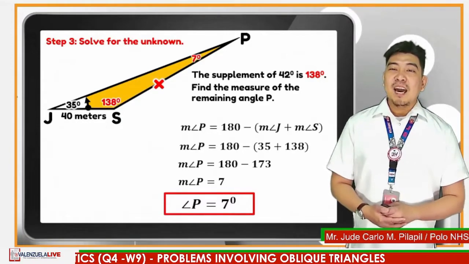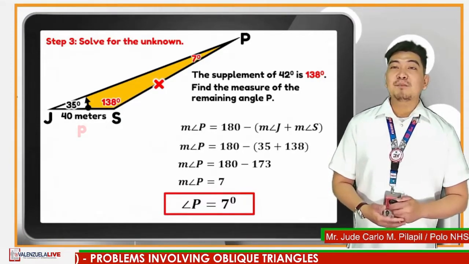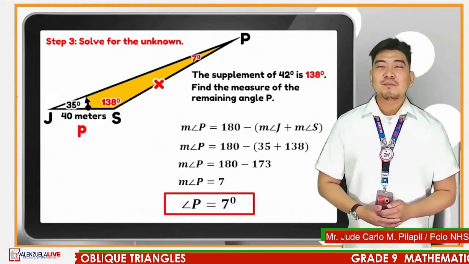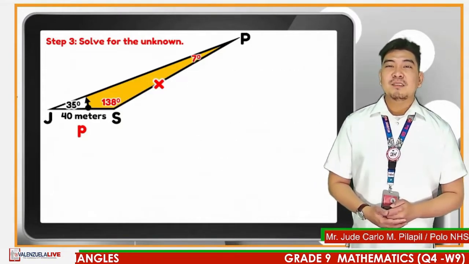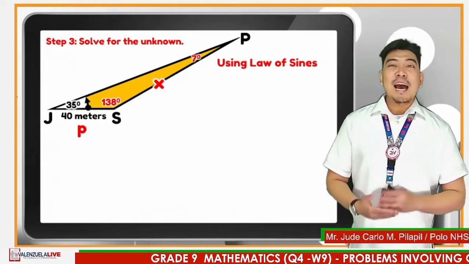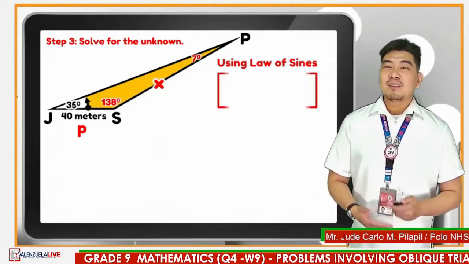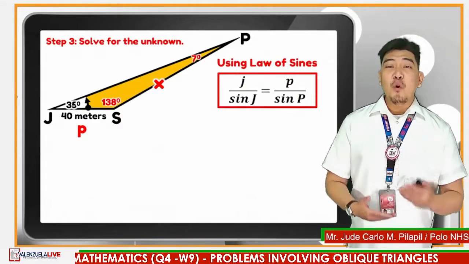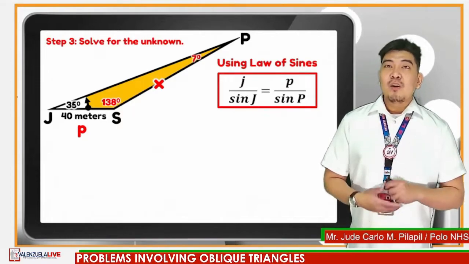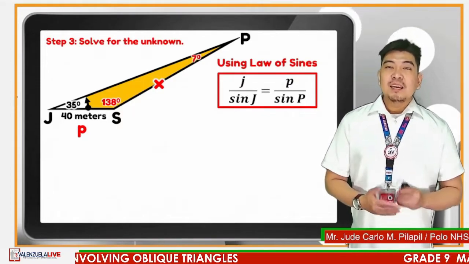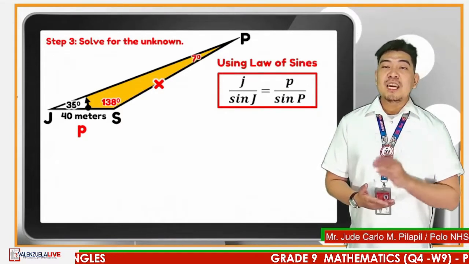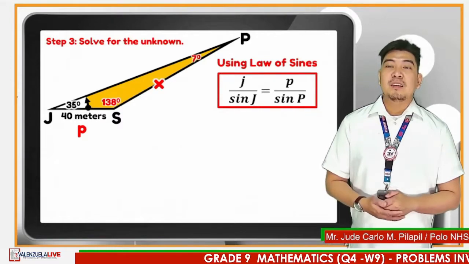Let us name the side that measures 40 meters as p, as we are to use the law of sines. Using the law of sines, we relate the given side and the unknown side, and the two angles J and P. By that, we will use the derived form of the sine law based on our given triangle as j over sine of angle J is equal to p over sine of angle P. We should take note that j and p are the sides of our oblique triangle.